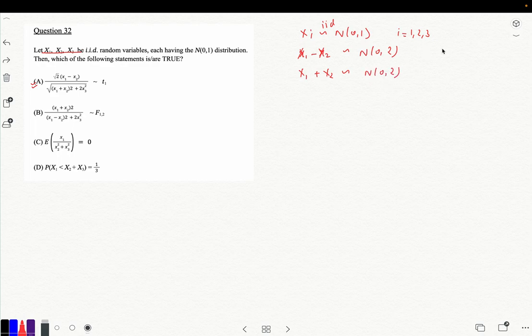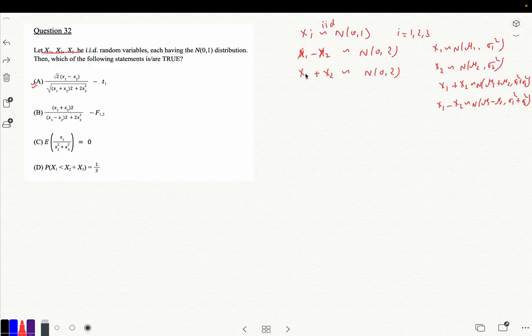Like if you know the property that if x1 is following normal mu1 sigma 1 square, and x2 is following normal mu2 sigma 2 square, then x1 plus x2 would follow normal with mu1 plus mu2 and sigma 1 square plus sigma 2 square. And for x1 minus x2, it would be normal mu1 minus mu2 and sigma 1 square plus sigma 2 square. That's the property we are using here.